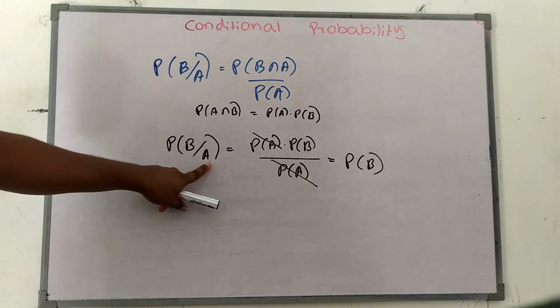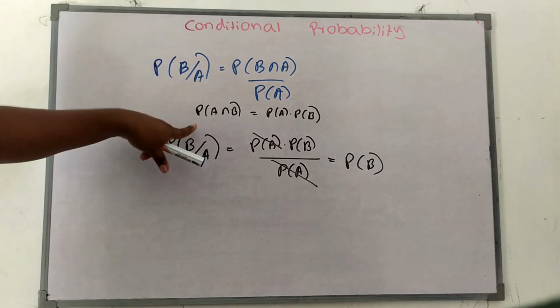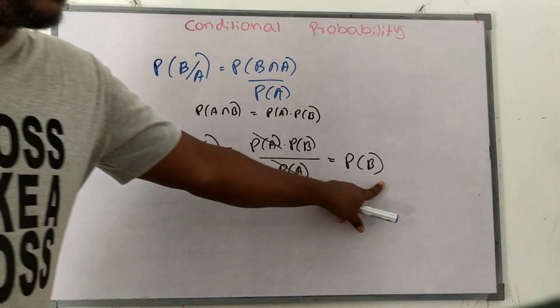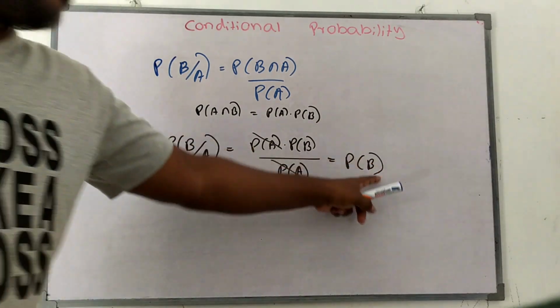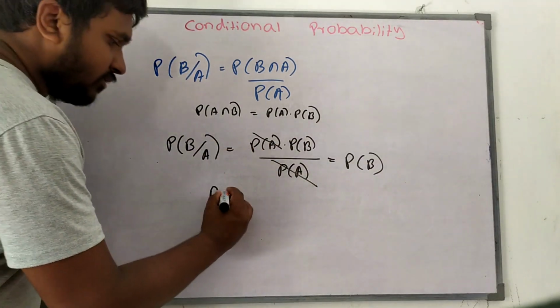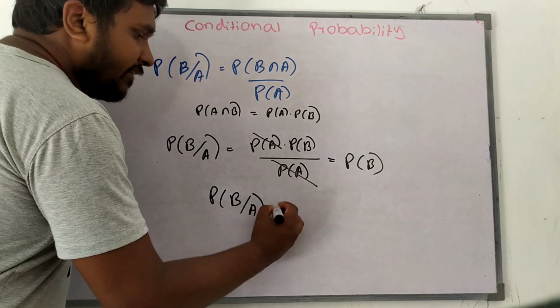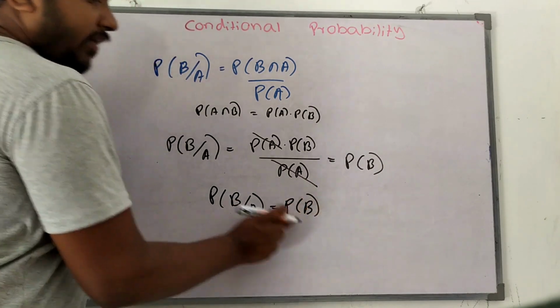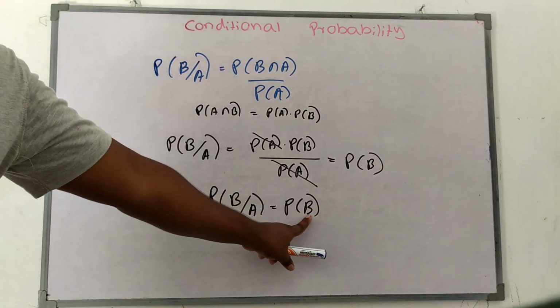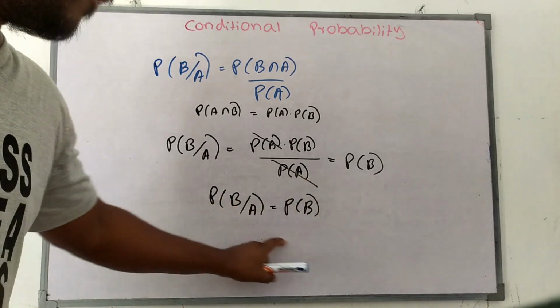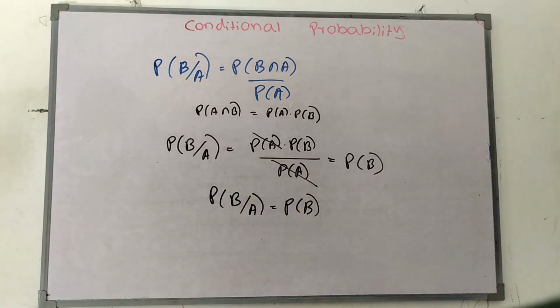So the first event A happens, then the probability of B is directly equal to P(B). There are no A terms on the right hand side, which means B is not dependent on A. The probability of B happening does not involve the probability of A.